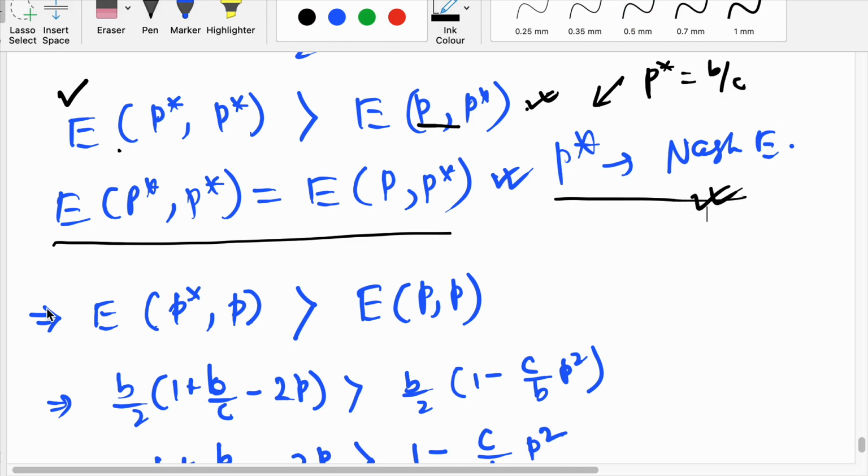Now to make this p star an ESS, we have to check that what the resident strategy p star will get when playing a mutant strategy should be greater than what a mutant will get if that mutant plays against a mutant.